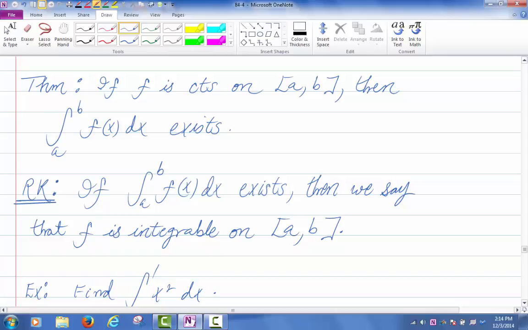So if I say f is integrable on the interval from 2 to 5, it means that the definite integral of f exists from 2 to 5. It's just a terminology. It's like saying f is differentiable at a point. When we say that, we mean that the derivative exists there. Now we are saying f is integrable over the interval if the definite integral exists on that interval.